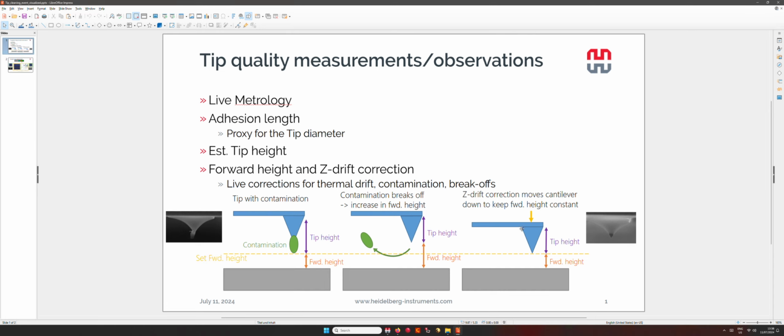So we have to lower the Z piezo scanner in order to go back to our forward height. In this case, you can also see a SEM image of a tip when it's contaminated and after it's cleaned during patterning, for example.